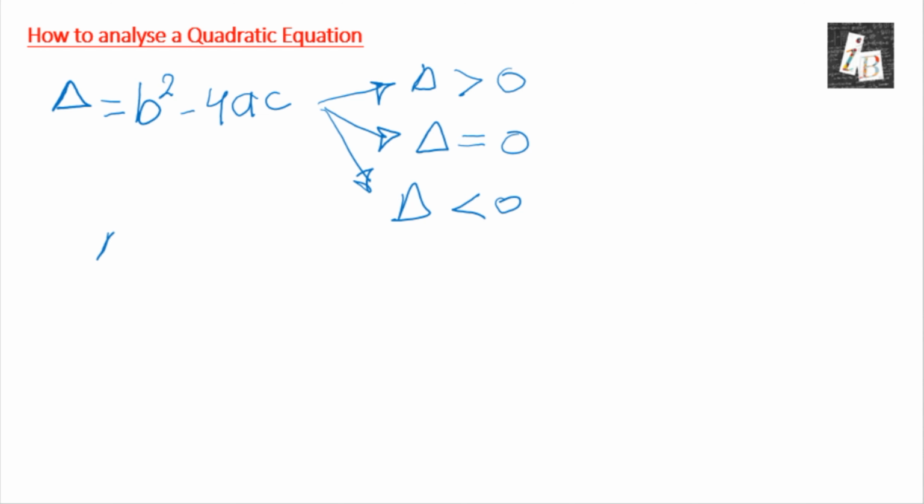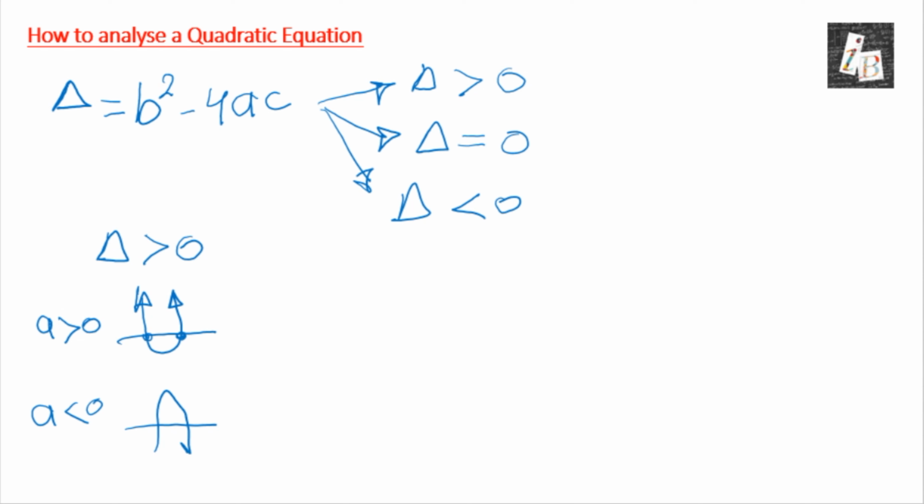In case of delta bigger than 0, the graph could be one of these two cases. It could be a parabola up and intersect the x-axis in 2 points because it must have two real roots. So this is in the case of a bigger than 0. And in case of a less than 0, it will be a parabola down intersecting the x-axis in 2 points.